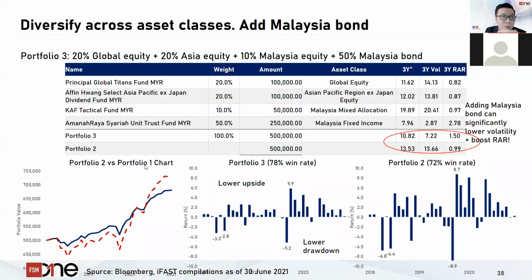No matter how good a fund's or portfolio's risk-adjusted return or any statistic is, it still does not indicate the future. In these examples, we use historical statistics to illustrate why we diversify across different asset classes.